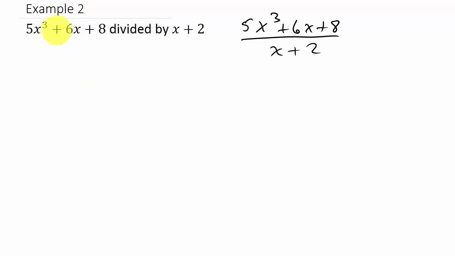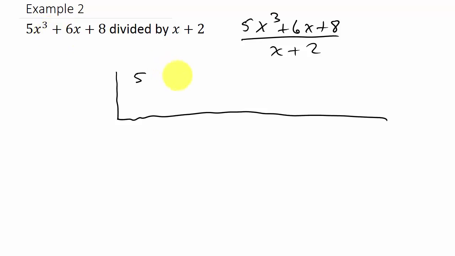Our x squared term is missing. So let's go ahead and set this up and see what we need to do about that. I have the coefficient of my x cubed term, which is 5. Then notice the x squared term's missing, so in that place I put my 0, because the x squared term's missing.